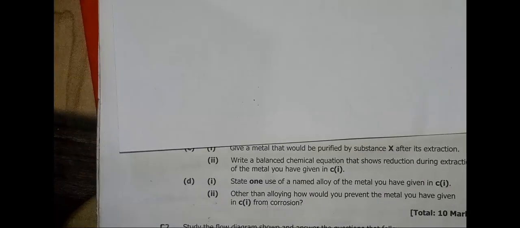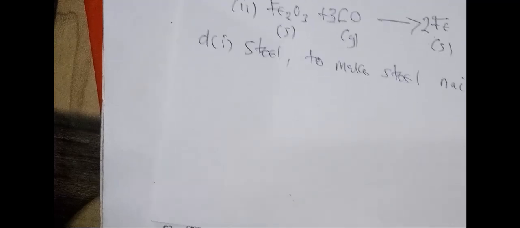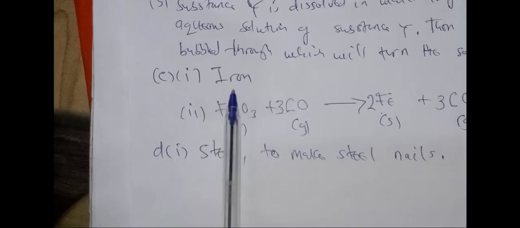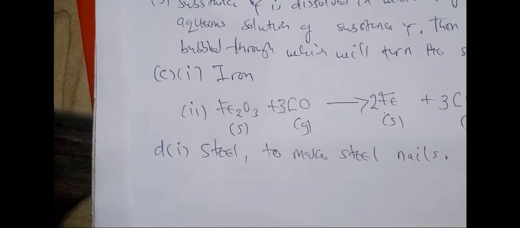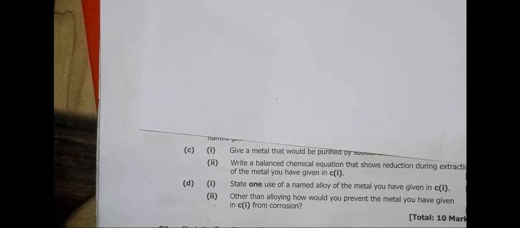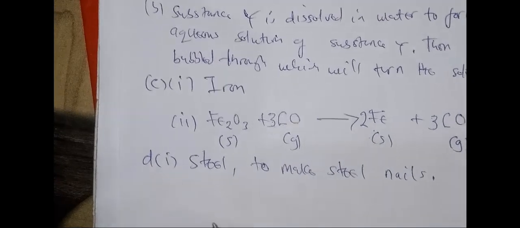In C1, we gave iron. The answer is iron. So, apart from alloying, how can we prevent this metal from rusting or from corrosion? So how can we prevent it from corrosion?